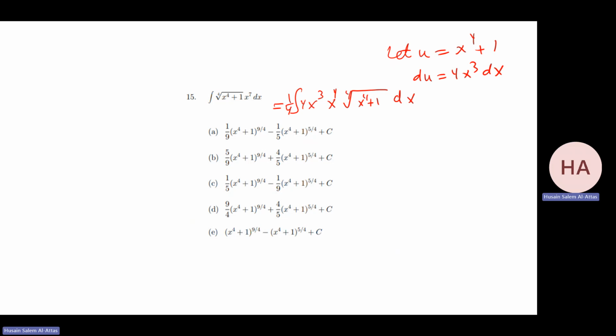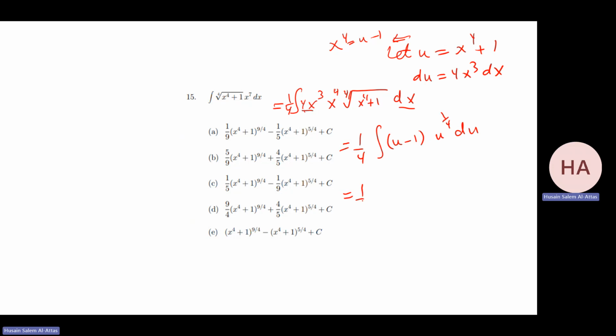So I split x to the power 7 into x cubed and x to the power 4, where from here, x to the power 4 is what? u minus 1. So now I plug the numbers, 1 over 4, this with this gives me du. x to the power 4 is u minus 1 times u to the power 1 over 4 du.